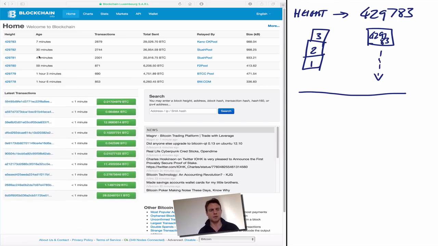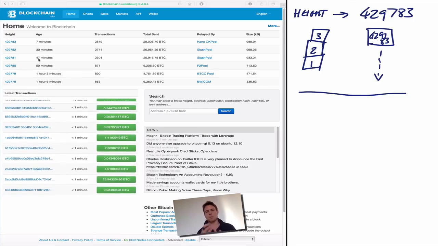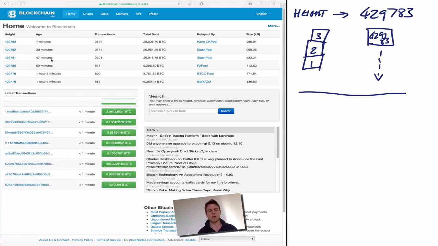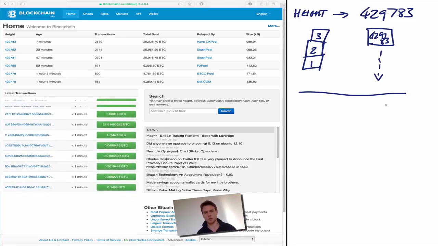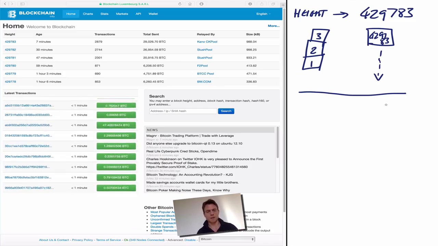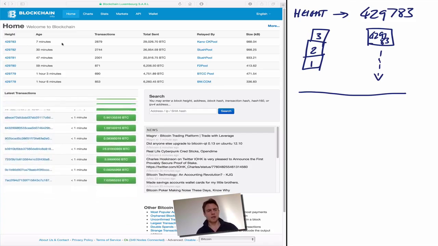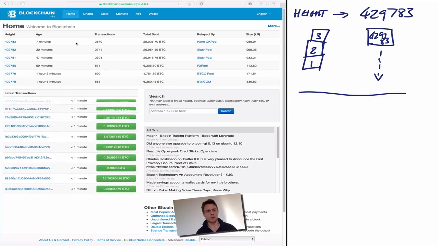And the interval between this was more like 7 minutes. But on average, you would expect to see approximately 10 minutes between blocks. We'll go into why that is and where that magic 10-minute figure comes from later on in the series. So that's the age, just the basic summary about those blocks.